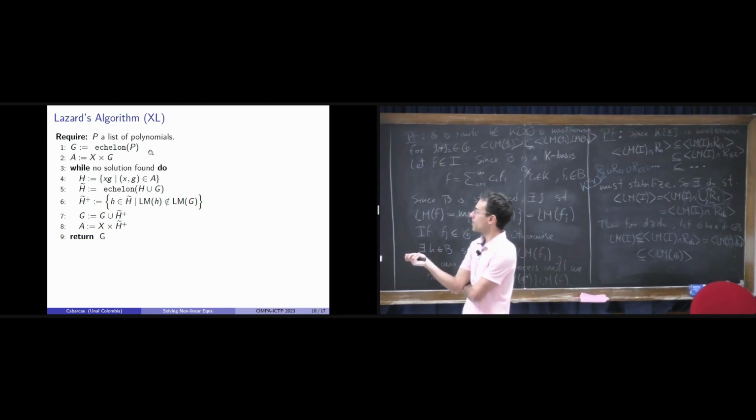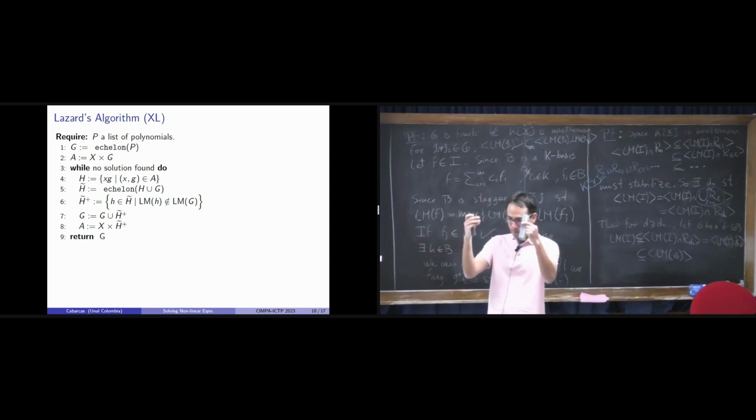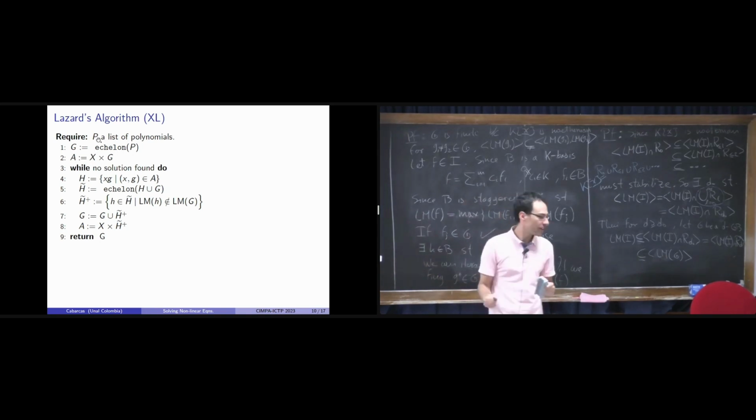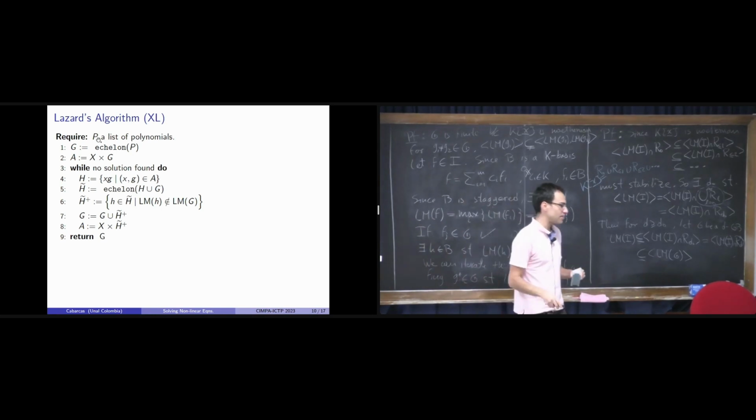Let's start with a list of polynomials P. Let's compute the echelon form of that list of polynomials. By echelon form, I mean form the Macaulay matrix and do Gaussian elimination on that matrix. Then consider all... I'm doing here a specific case.